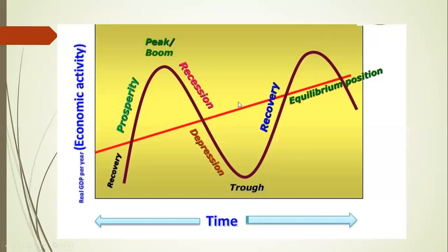And if we do not take proper measures for recession, the economy will go into depression and it will reach a point where all economic activities are at the minimum, and slowly any of the sectors will again start recovering and its effect will go to other sectors also, and slowly the recovery will start again.